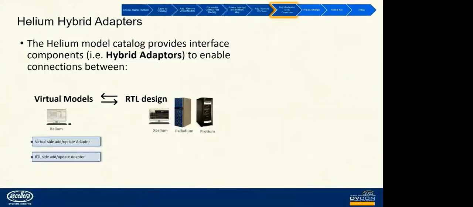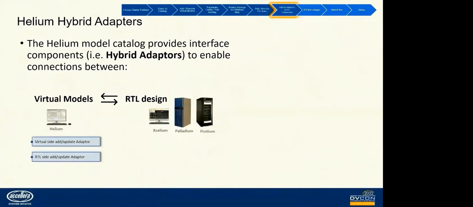Now, what are hybrid adapters? The Helium model catalog provides the interface component to enable the connections between the virtual models and the RTL designs. Virtual models are basically running on the host machine side, whereas the RTL design can be running on Xcelium simulation, Palladium emulation, or on the FPGA prototyping, which is basically on the Protium.